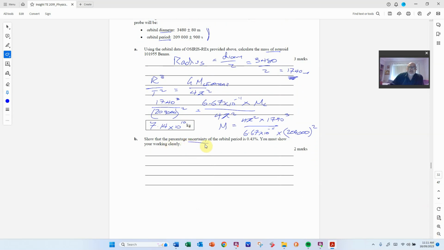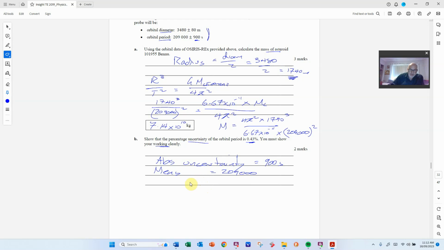Show that the percentage uncertainty of the orbital period is 0.43%. Must show your working clearly. Okay, so the absolute uncertainty from up above was 900 seconds. Now our measured value equals 209,000.